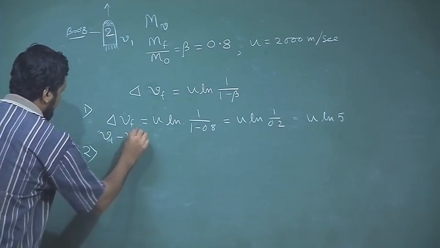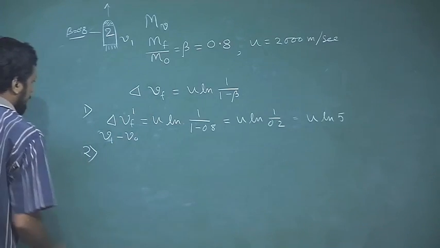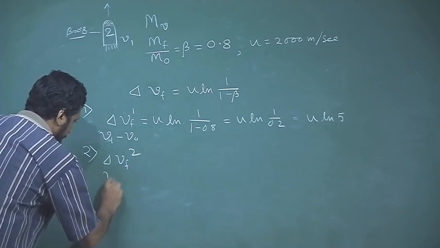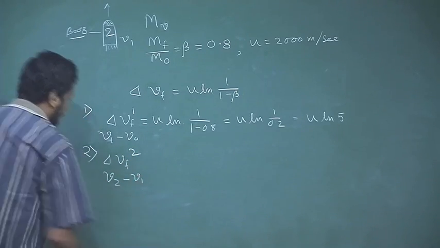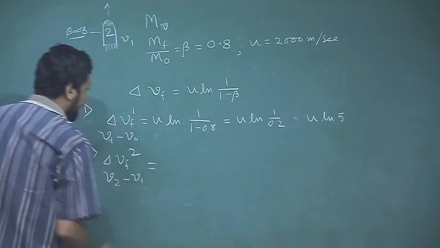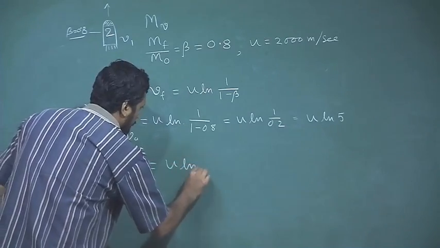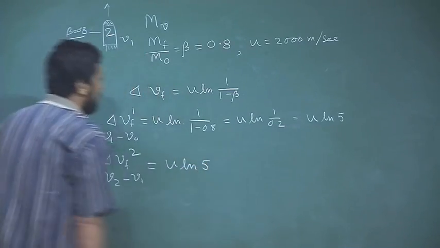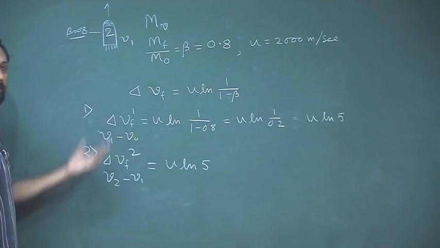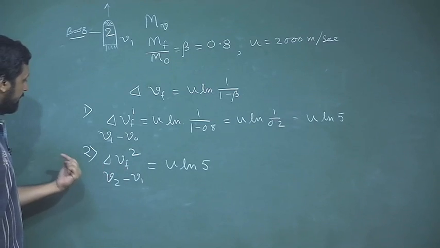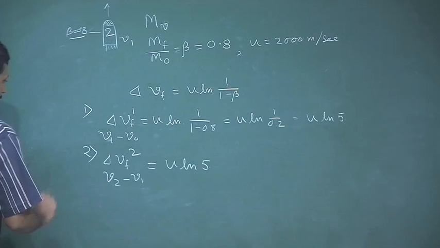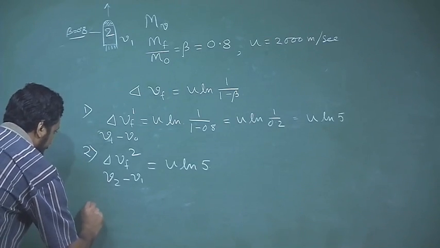So your delta Vf2 will be v2 minus v1, where v2 is the final velocity after this stage, which will be given as once again u ln 5, because all the parameters are the same. Even for the second stage we have beta equal to 0.8. So it does not matter whether we have a stage previously or not, it will give you the same velocity change.